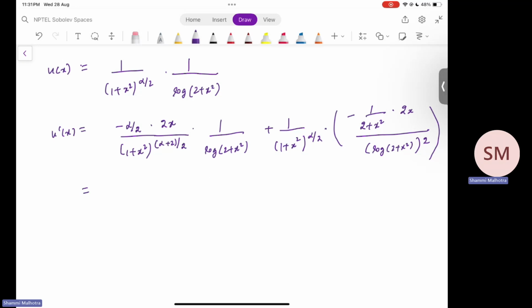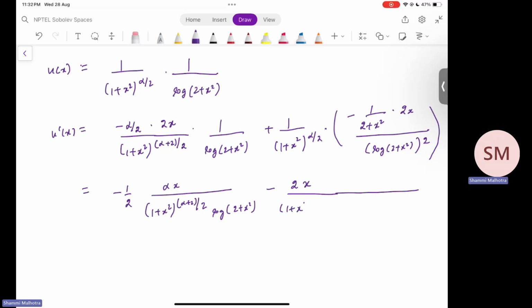So this is equal to minus half of alpha x (1 plus x square) to the power alpha plus 2 whole divided by 2, into log of (2 plus x square), and then we have minus 2x, and then we have this (1 plus x square) to the power alpha by 2, (2 plus x square), log of (2 plus x square) and whole square.